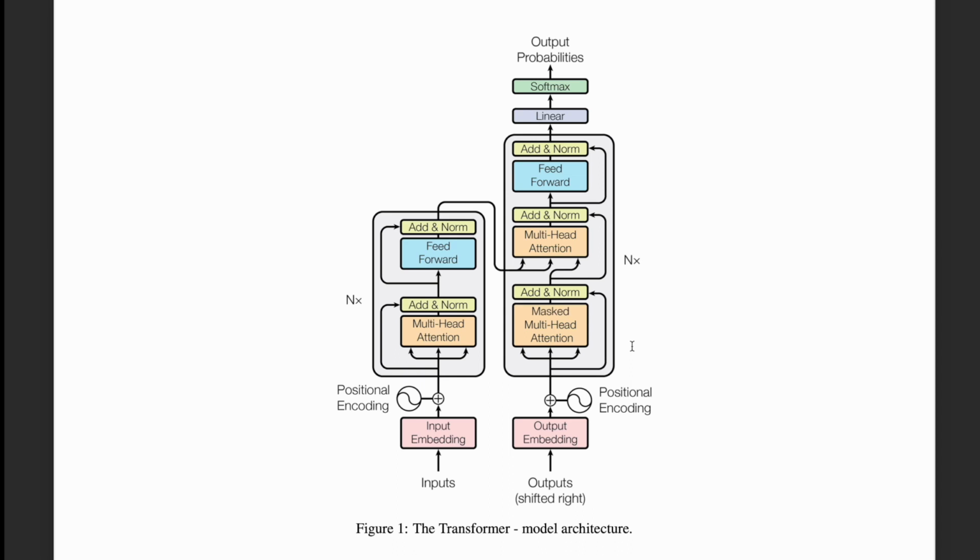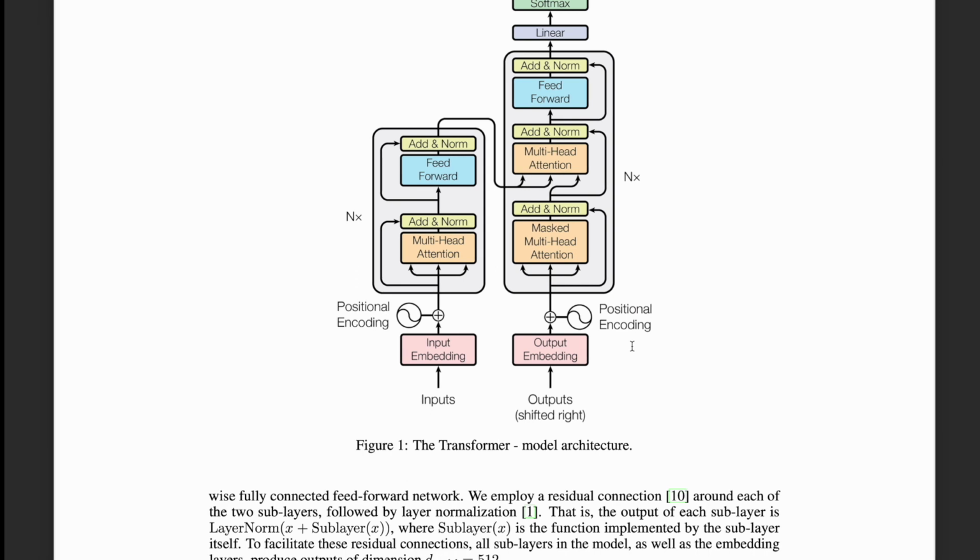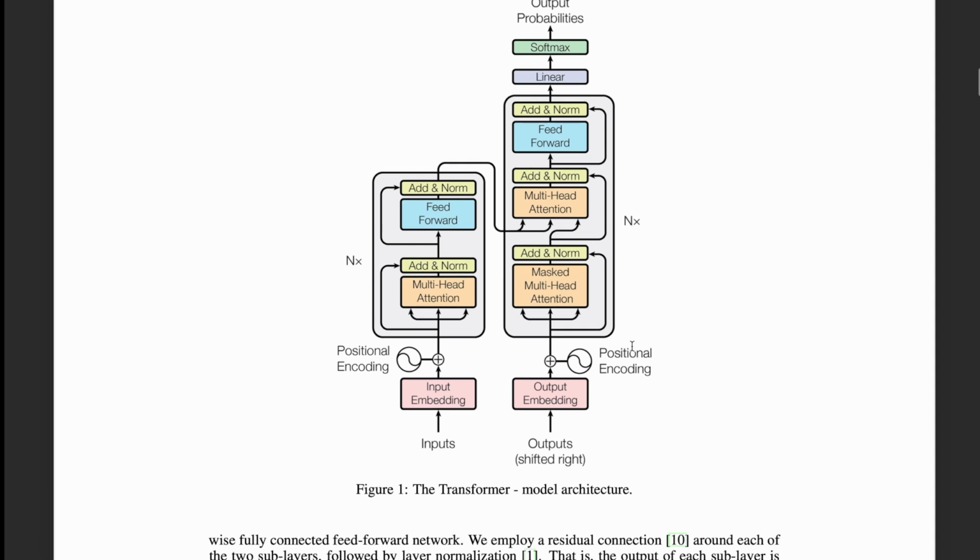So let's start. The very first piece of this architecture, we're going to focus on the left hand side of the architecture. The first piece is understanding what the input is.